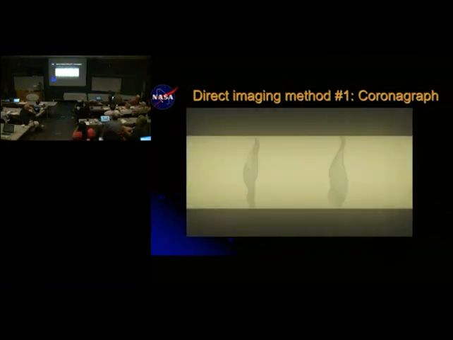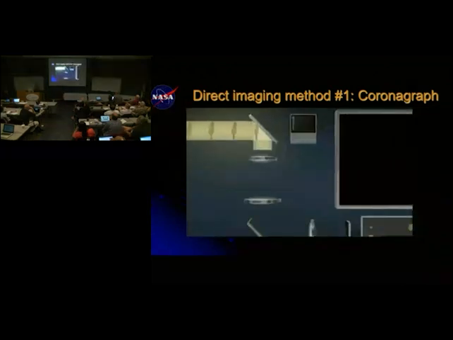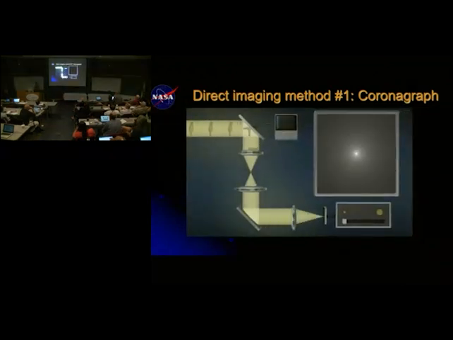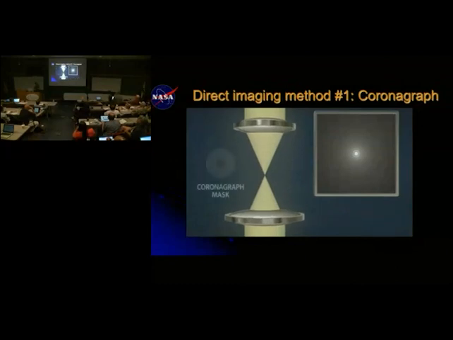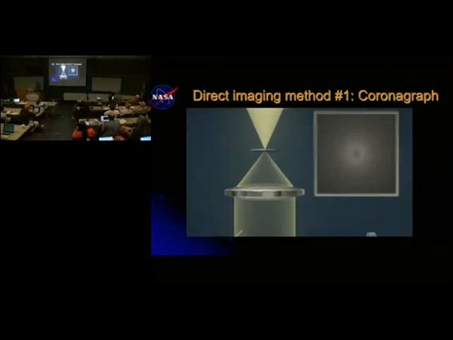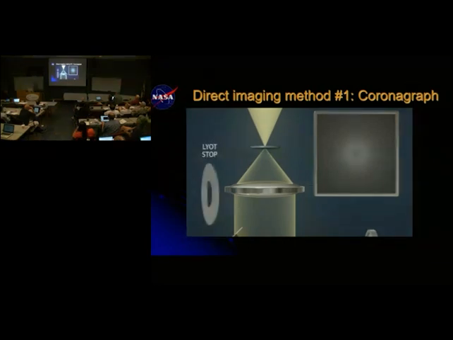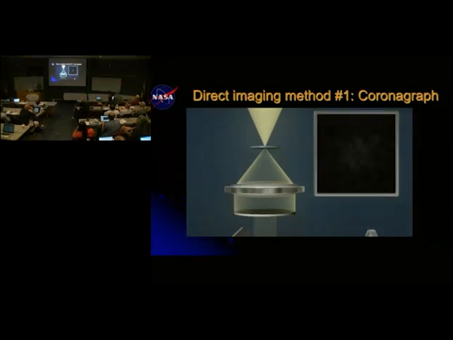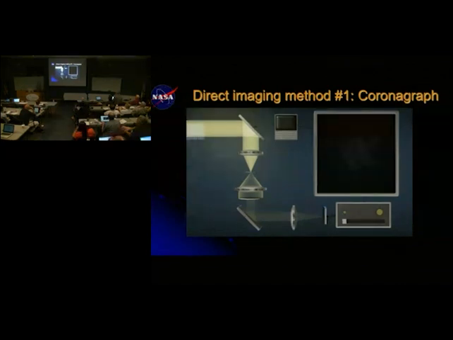You can see as starlight enters the telescope, so this is the Airy pattern point spread function of a star, you can use a series of masks, and exactly what kinds of masks you use and where you place them depends on the style of the coronagraph, but all of them use some masks to block the star, but not block the planet, which is this blue beam going to your camera.